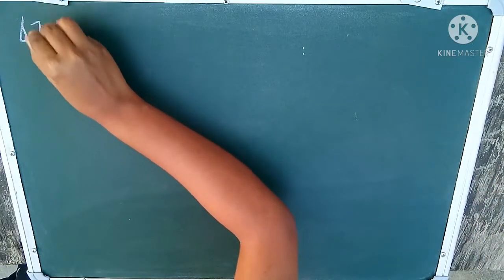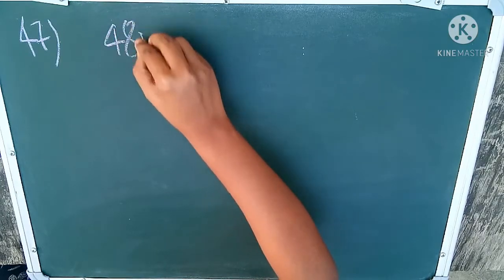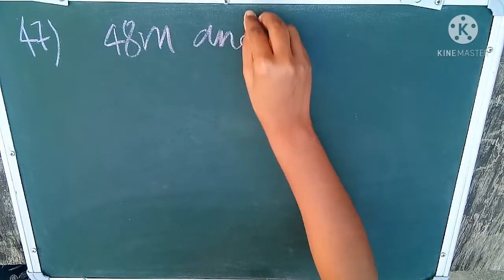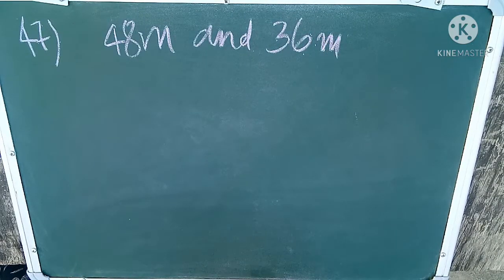The next question we have is question number 47. In this question, there are options given and we have to arrange these options into correct order. It says, find the maximum possible length of the rope which can measure 48 meter and 36 meter. So whenever we have to find out the maximum length of any number, then we prefer to find out the HCF of the given numbers.